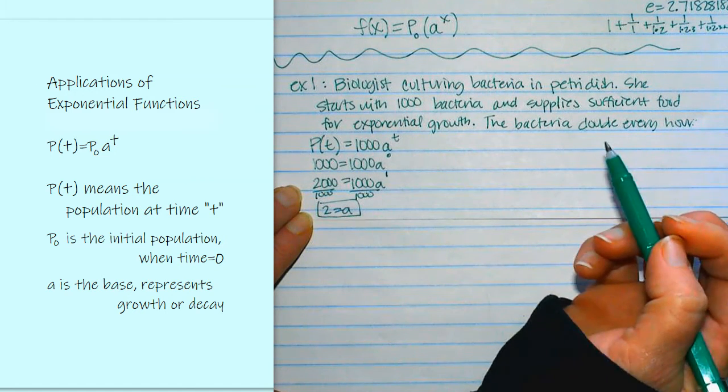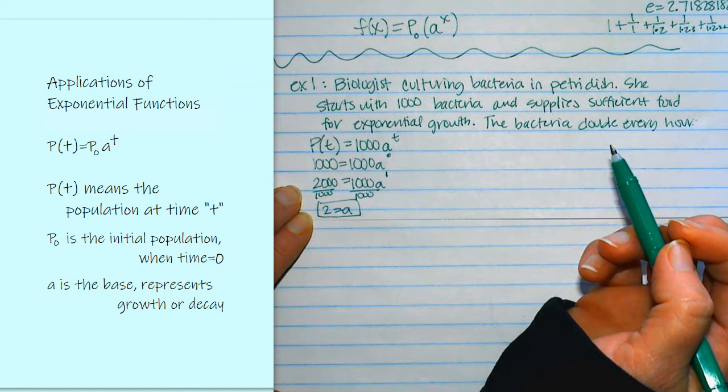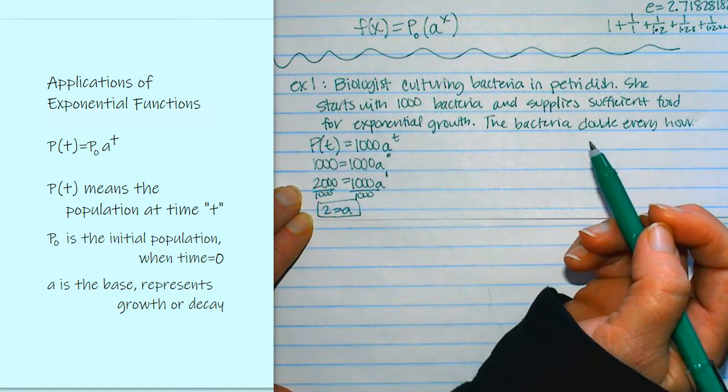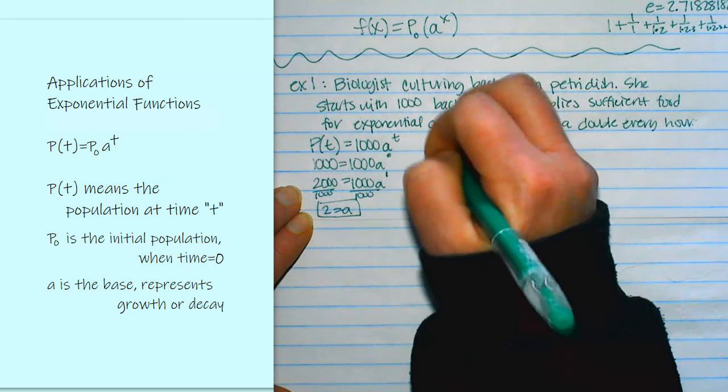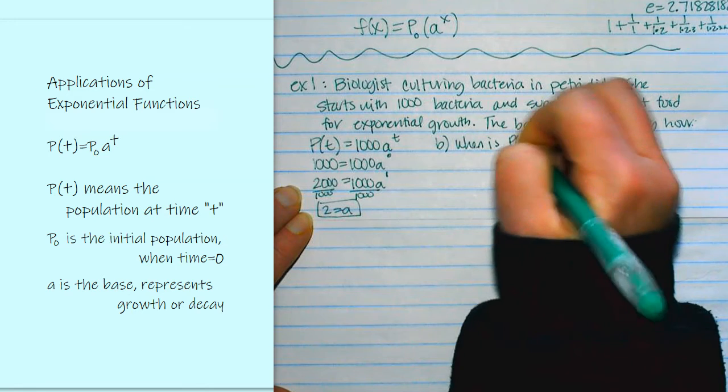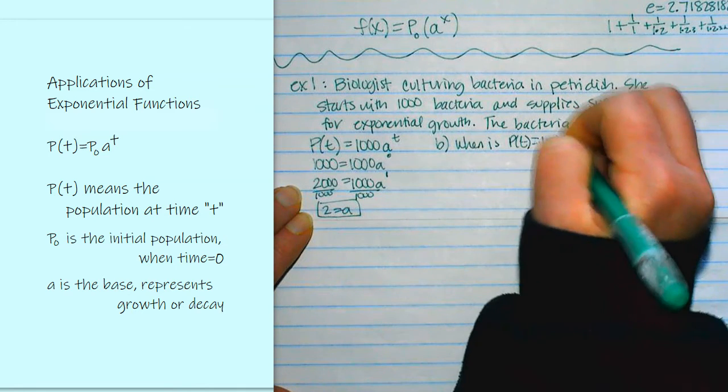The second part of this example says, at what time is your population equal to 16,000? So the second question, B, is when is P of t equal to 16,000?